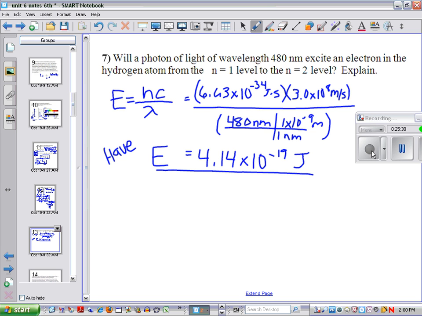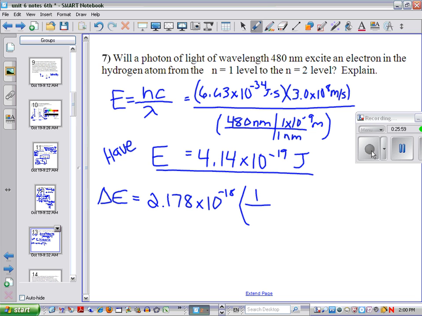Now we're going to calculate how much we need to actually make this jump happen. So here's the Rydberg equation, your energy, and do you guys want me to do the two separate ones and subtract, or use the combined one? The combined one sounds great. So the change in energy is equal to positive 2.178 times 10 to the negative 18th, all multiplied by 1 over your initial energy level.